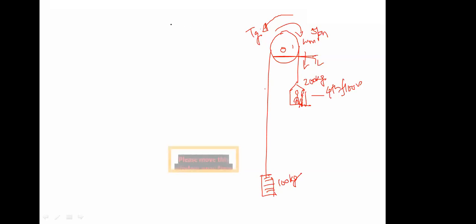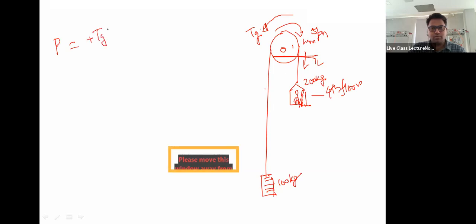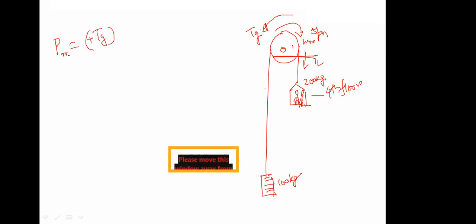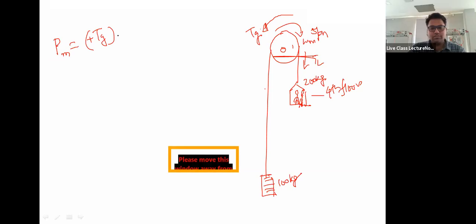So the power is equal to torque times speed. This is for the motor side, right? The torque is positive because it is anti-clockwise, and the speed is negative as it is clockwise. This is clockwise and this is anti-clockwise, right?